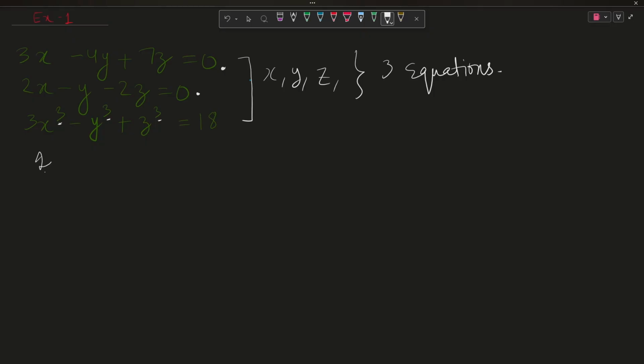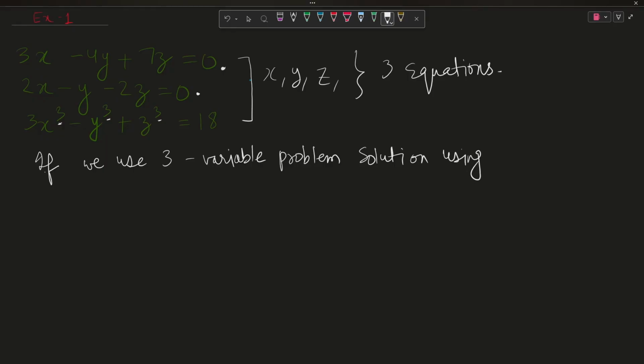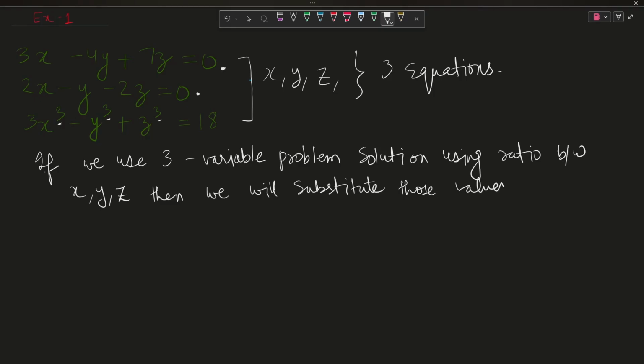But if we use the three variable problem solution to find the ratio between x, y, and z, then once we get the ratio between x, y, and z, we will substitute those values in the third equation and can get the values of x, y, and z.